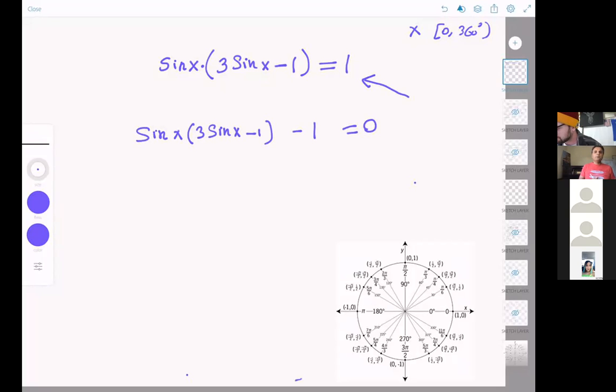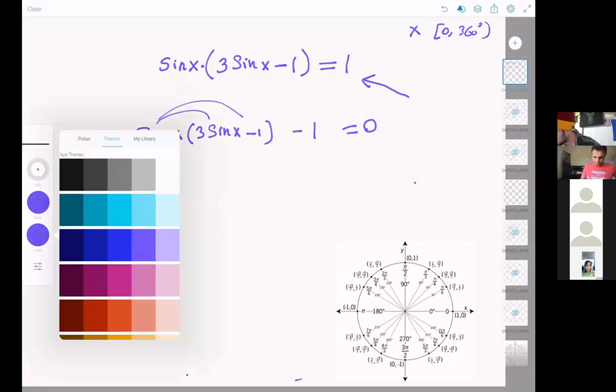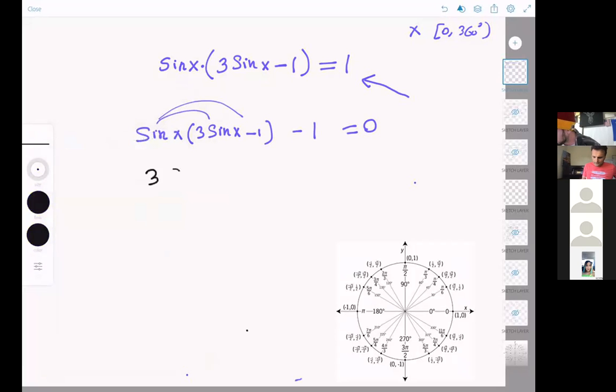Now we need to simplify this, so I have to multiply to expand it. We have 3 sine square of x minus sine of x minus 1 equal to 0. Now what should we do?